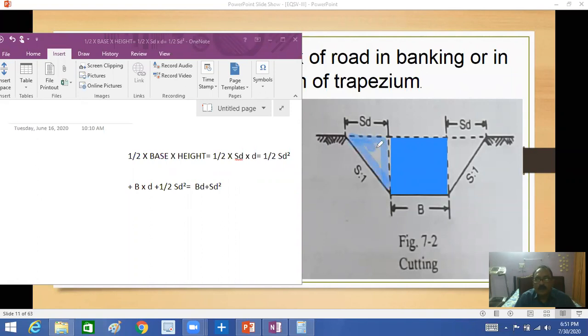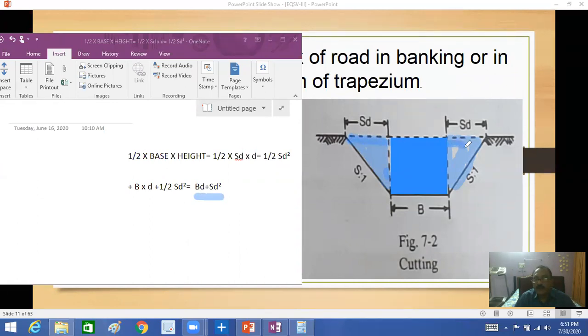You have to find out this area. Only, instead of height, it is depth D. So the same formula: half of base into height, for both. If you add these, you will get the same total area, B D plus S D square.